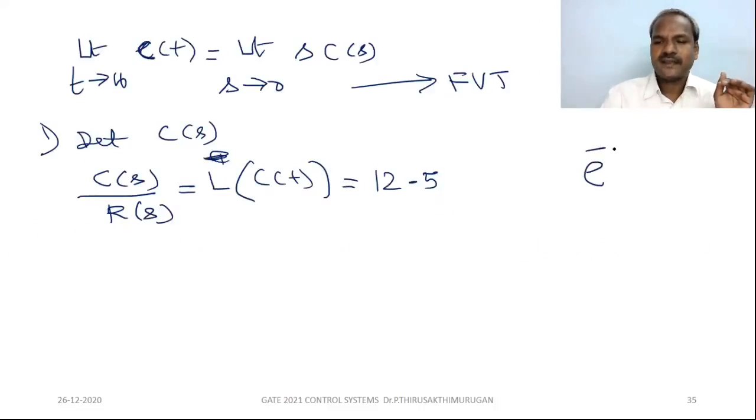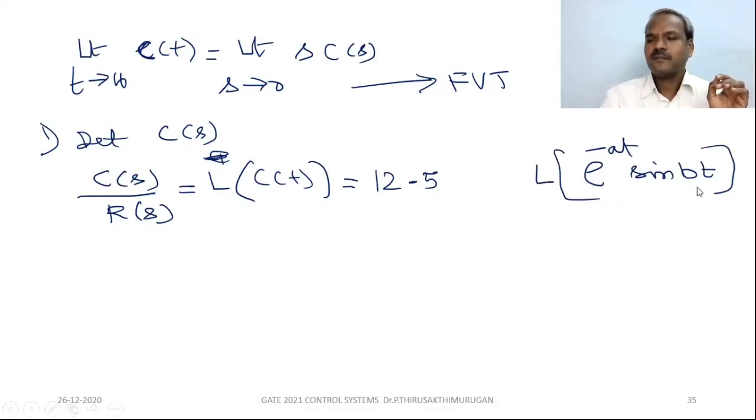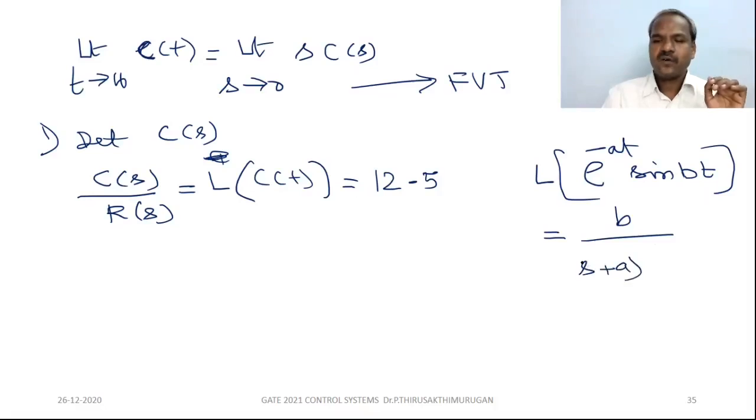The Laplace transform of e power minus at sine bt becomes b by (s plus a) the whole square plus b square.